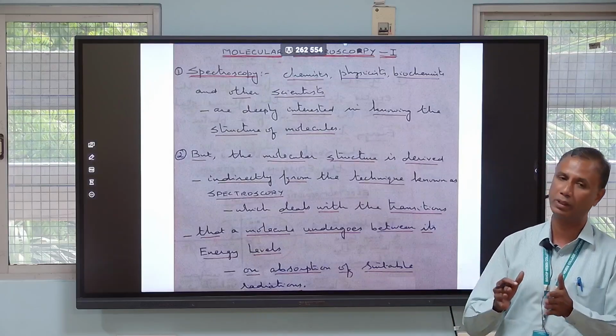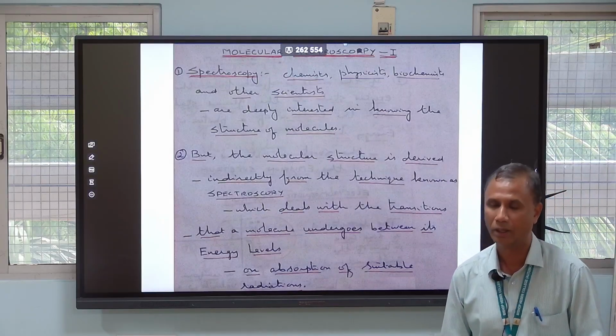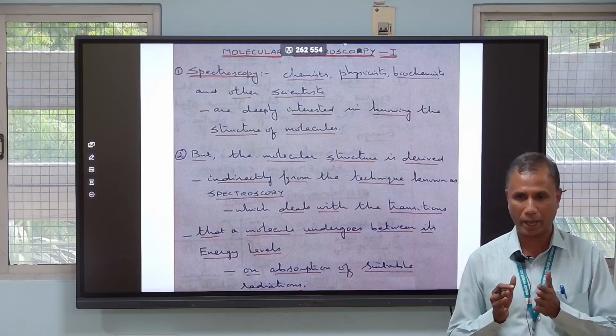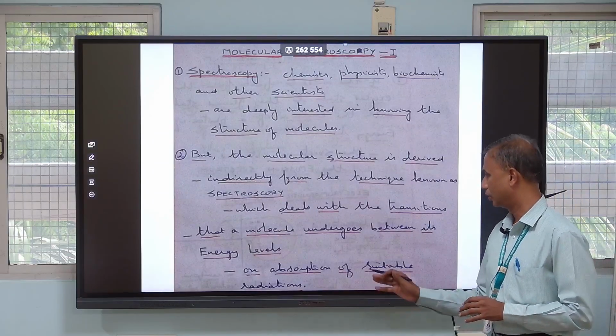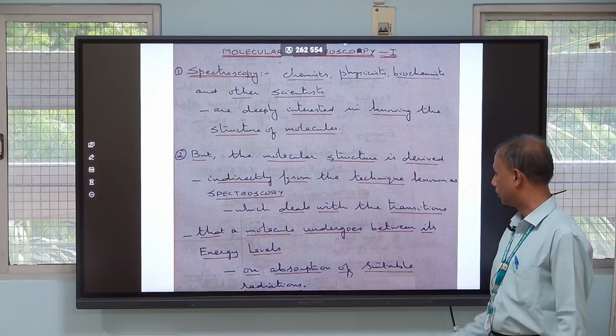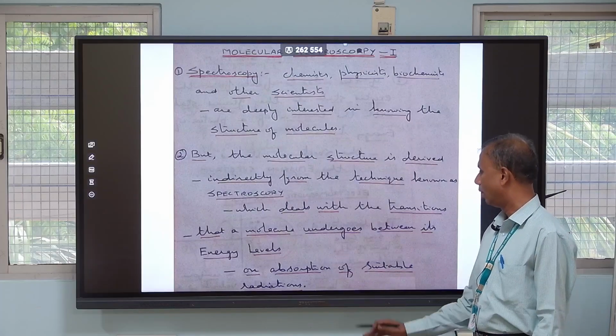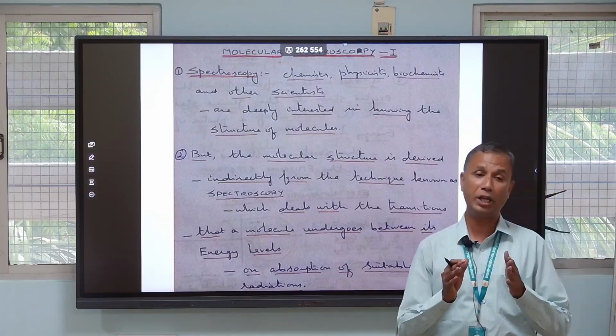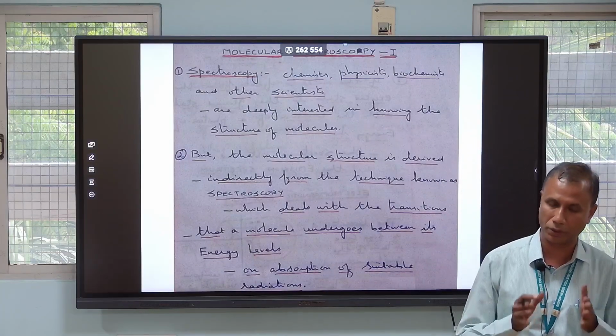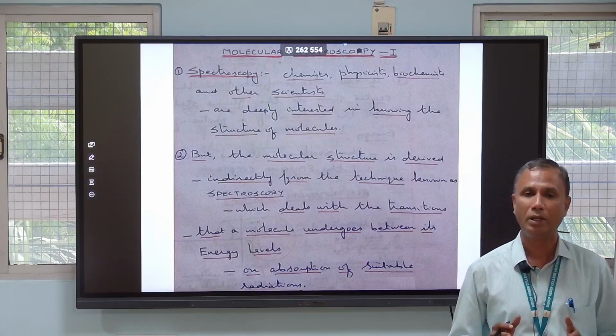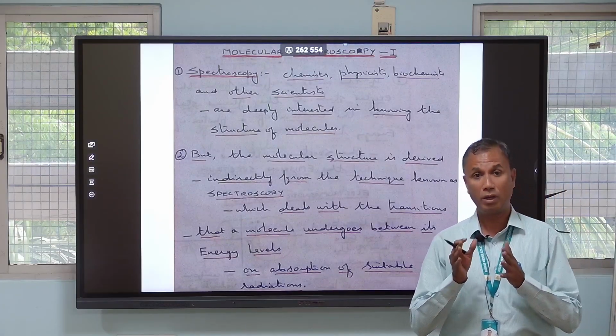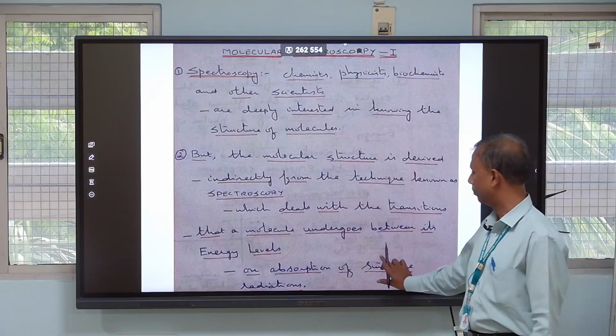The molecule undergoes transitions between its energy levels on absorption of radiation of suitable frequency. This particular phrase is very, very important: radiation of suitable frequency.